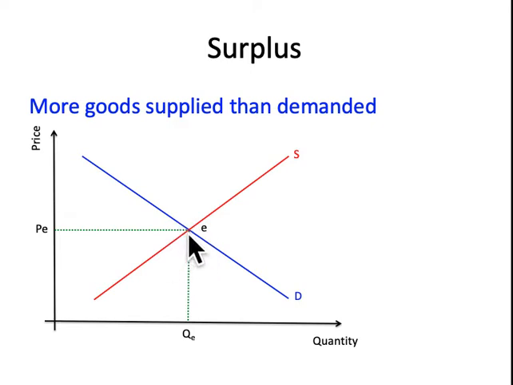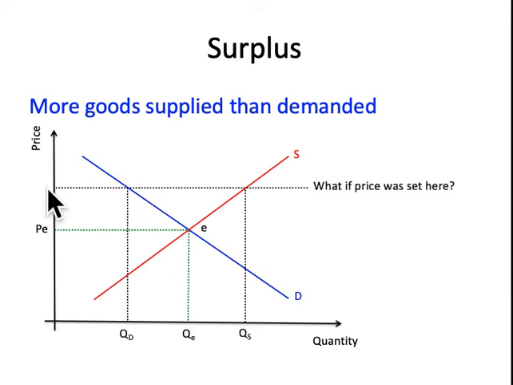However, in some scenarios you might have a price that was set higher. Okay, so if prices are set higher, what's that going to mean for our supply and demand analysis? And so this is why it's very important that you understand how graphs work. And so let's go back a little bit here. So if prices are set here, how does that price interact with our demand, which is the blue curve, and our supply, which is the red curve?